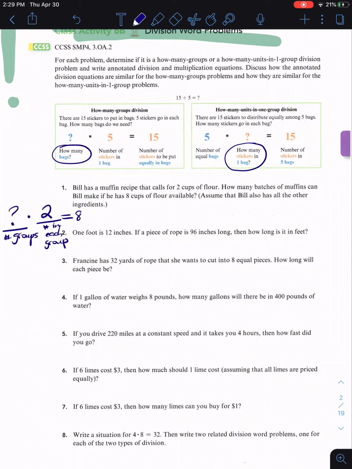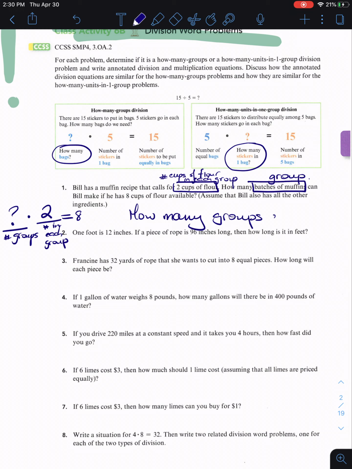So the groups here are batches of muffins, and 2 cups of flour is the number of cups of flour in each group. We don't know how many groups, but we do know there's 2 cups of flour in each group. So it's a how many groups division.